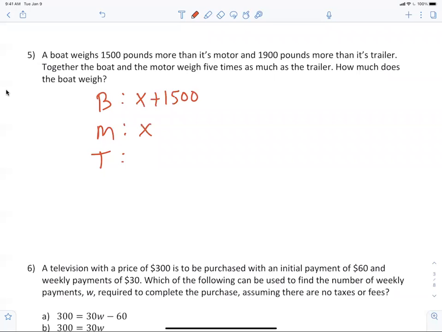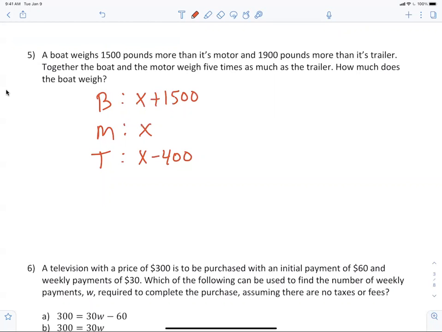Less, right? The boat is already defined. So now the trailer is X plus 1,500 minus 1,900. Some of you were smart: 1,500 minus 1,900 is obviously negative 400, so we can just do negative 400. Now, again, you cannot just write that down and expect to be good at it.